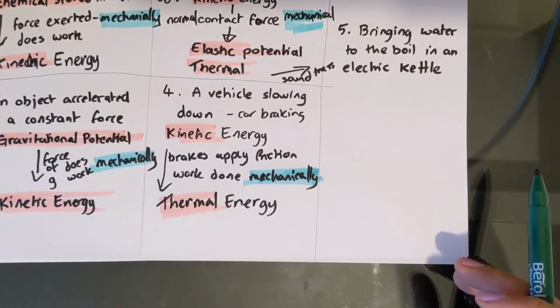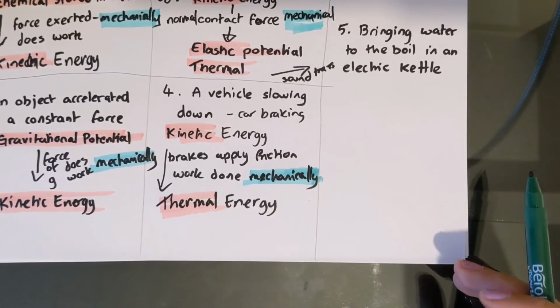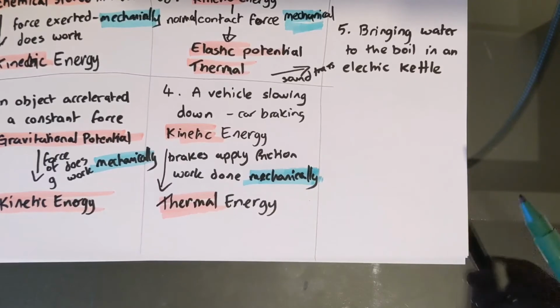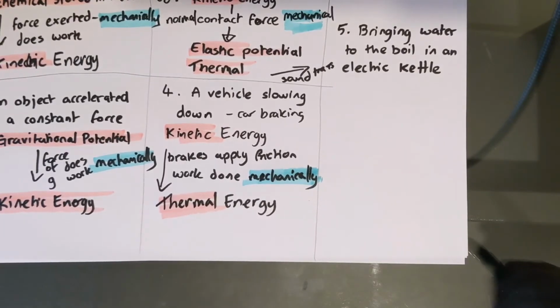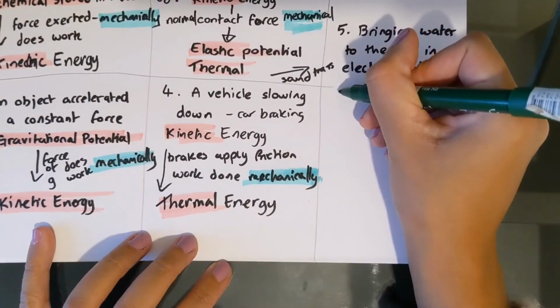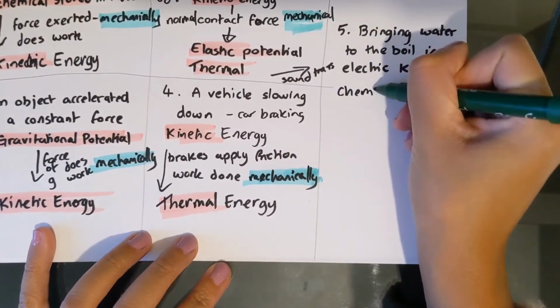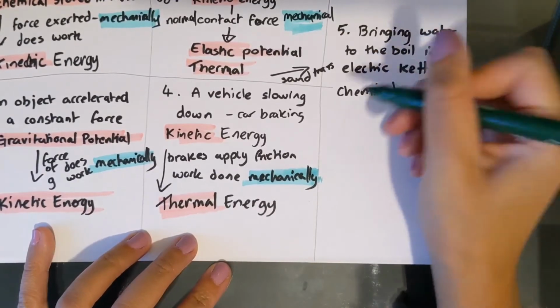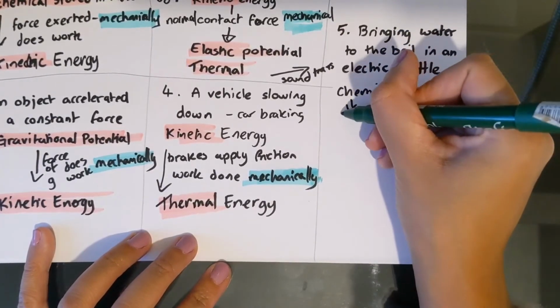This last one then is your kettle heating water, bringing water to the boil. So we have got, now I almost said electrical energy there, so I made the mistake that we don't want to make, okay? So we've got chemical energy in the power station or wherever, yeah? So chemical energy is stored in the power station, which is then transferred electrically.